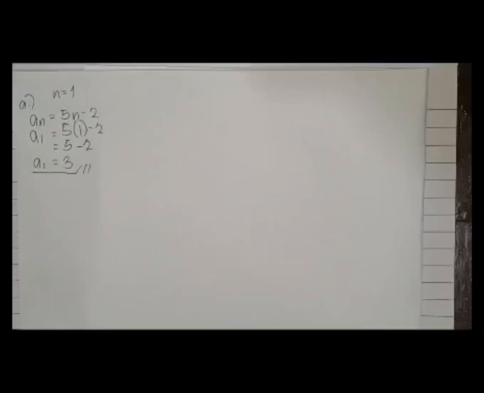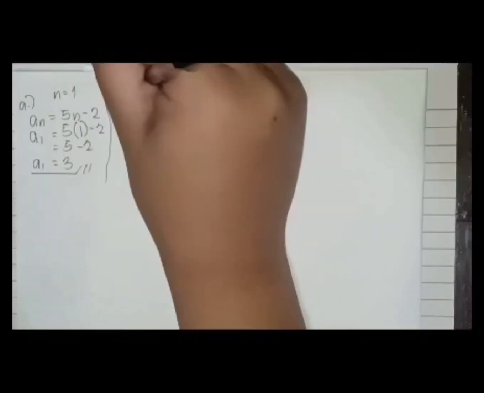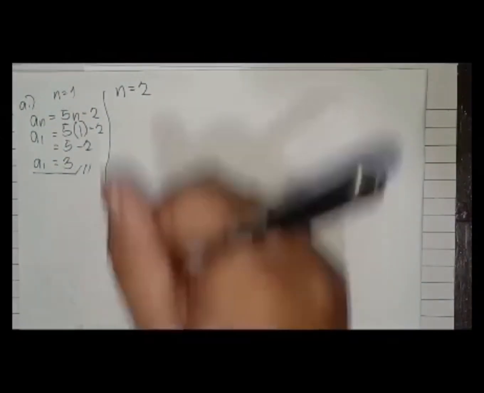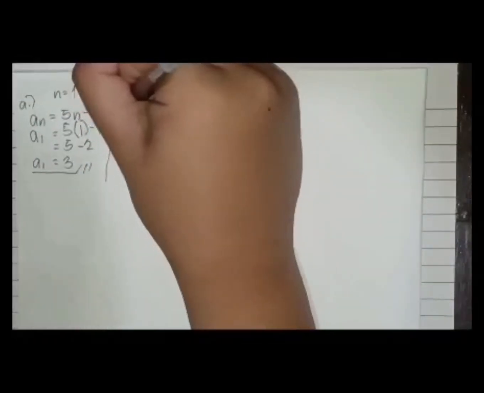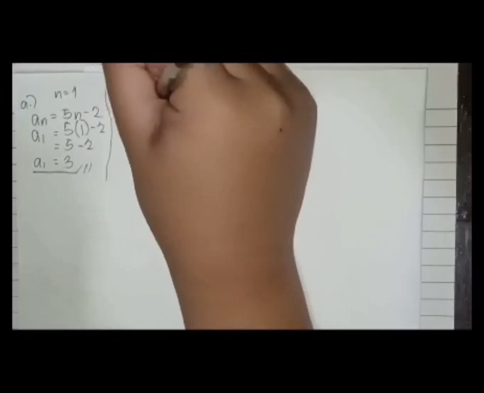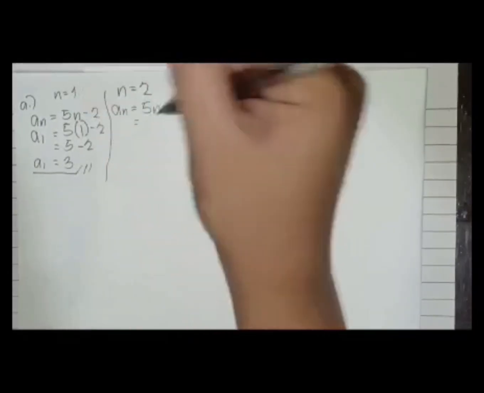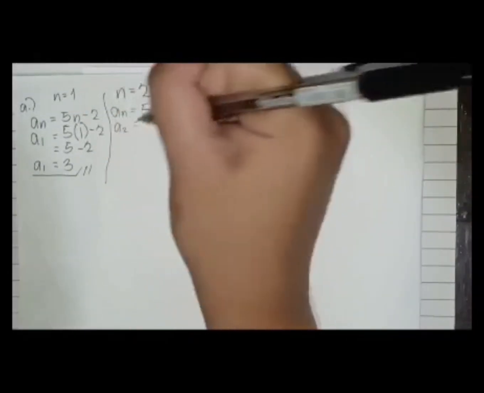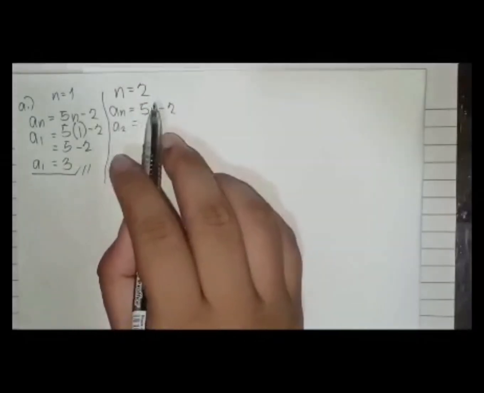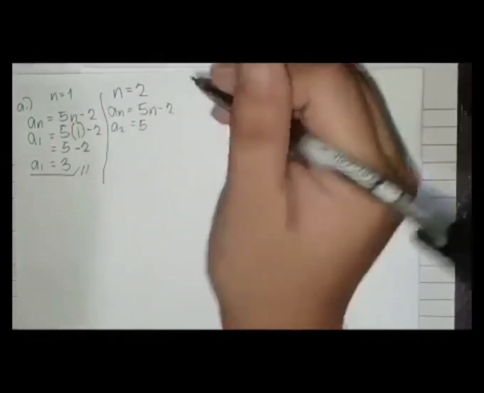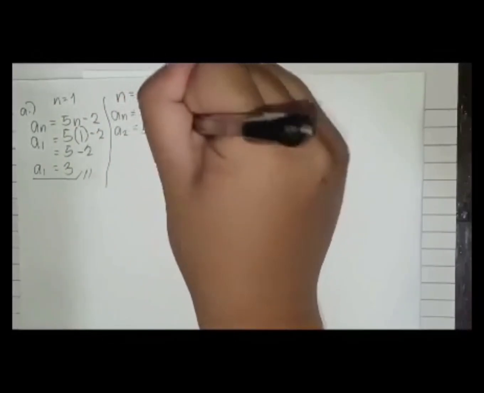To find the second term, let us substitute n is equal to 2. Let us use the same formula, a sub n is equal to 5n minus 2. So, a sub 2 is equal to 5 times 2 minus 2.